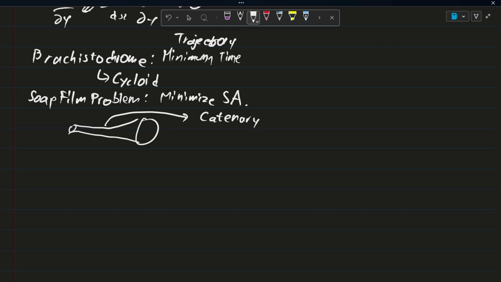Later on, we'll introduce how to find the minima if there are constraints. To show this geometric object physically, it looks something like this, where a rope is pinned between two different points and drips down. While for the cycloid, it's a point on a circle that is rolling. So it would be something like so.